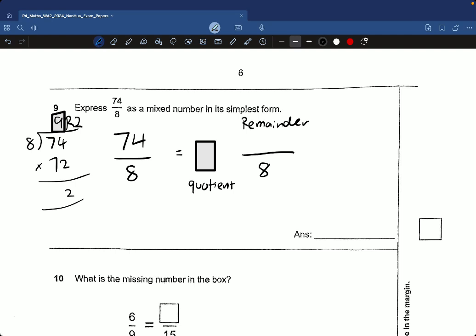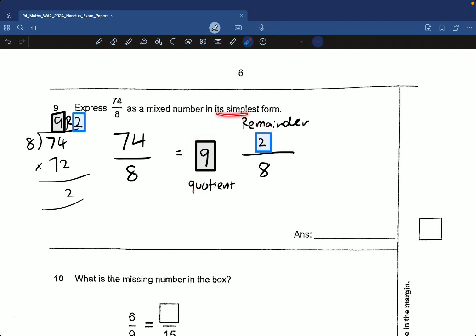And this remainder over here, I'm going to put another color. I'm going to put this blue. So 2 over here. This remainder, we're going to put it over here. So first is the quotient is 9, which is our whole number. Second thing is the remainder is 2. So the answer is 9, 2 over 8.